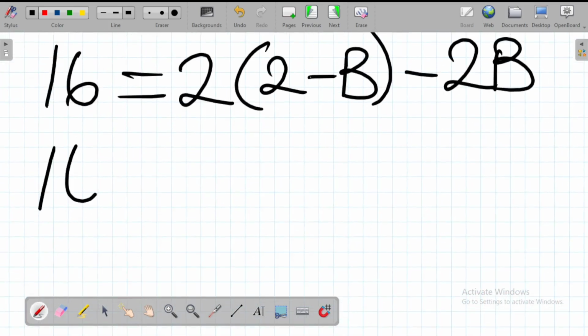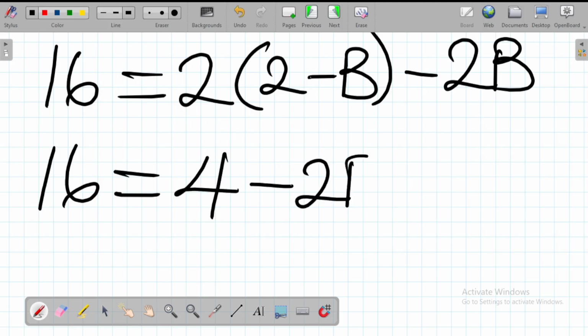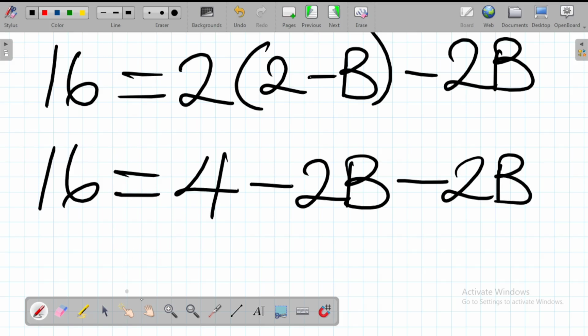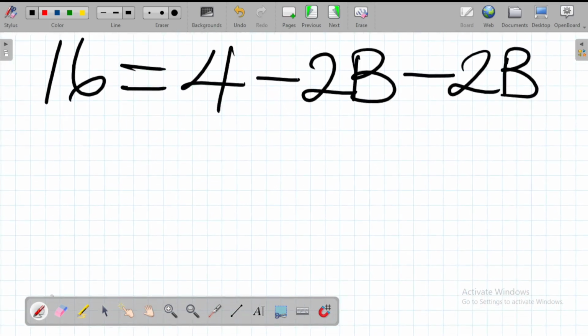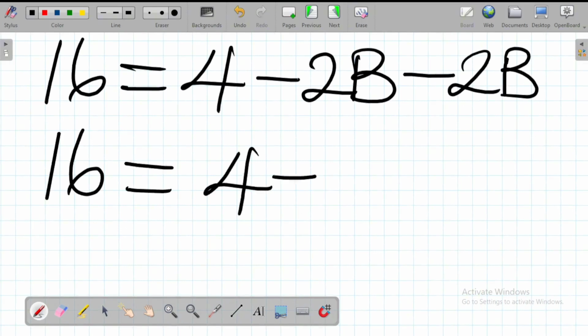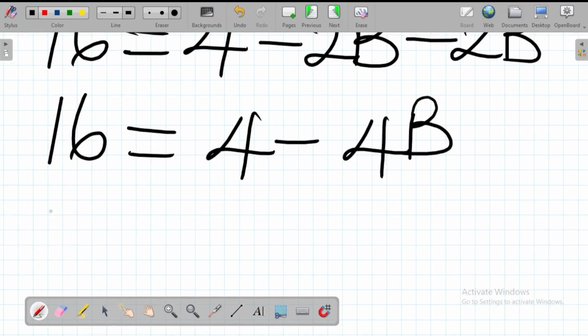So 16 is equal to 2 multiplied by 2 is 4, and then minus 2 multiplied by b is 2b, and also minus 2b. So 16 is equal to 4 minus 4b. So let's move 4 to the left hand side.